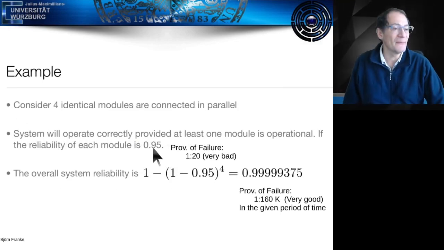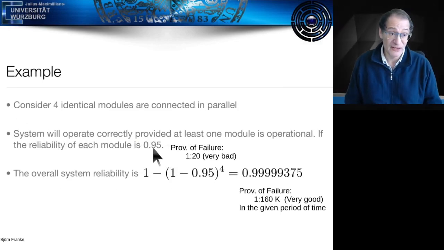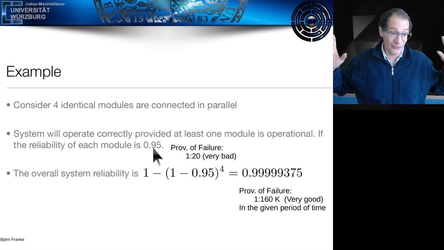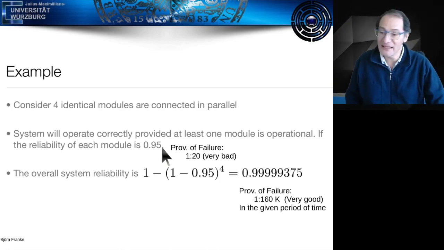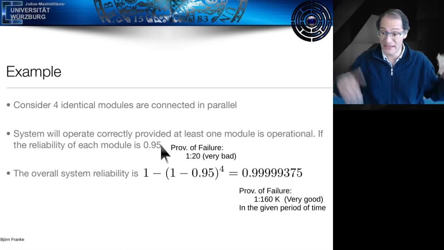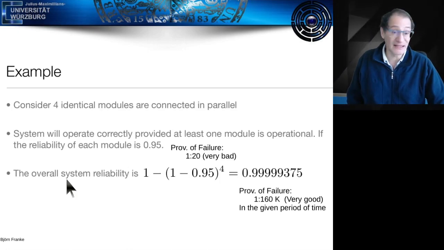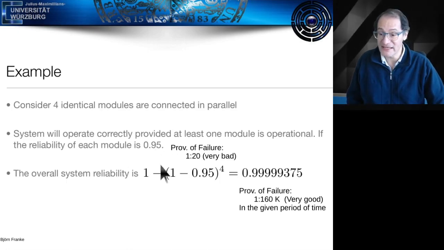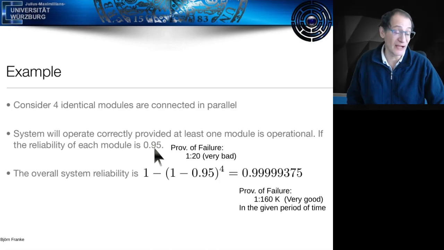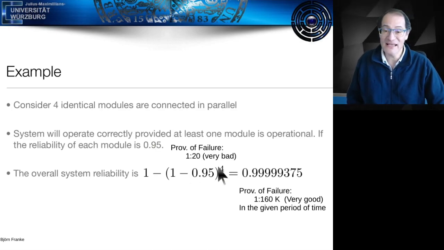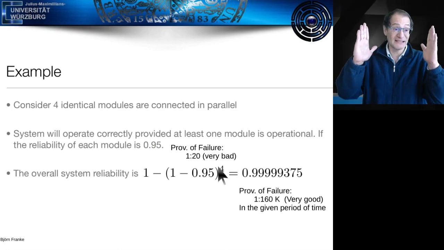Let's assume we have a very unreliable system. For a period of time, let's say 1 year, the probability it will be working continuously for 1 year is 0.95. And then the probability that it will fail is 1 minus this. So the probability of failure is 0.05. And now let's say we have 4 parallel systems.